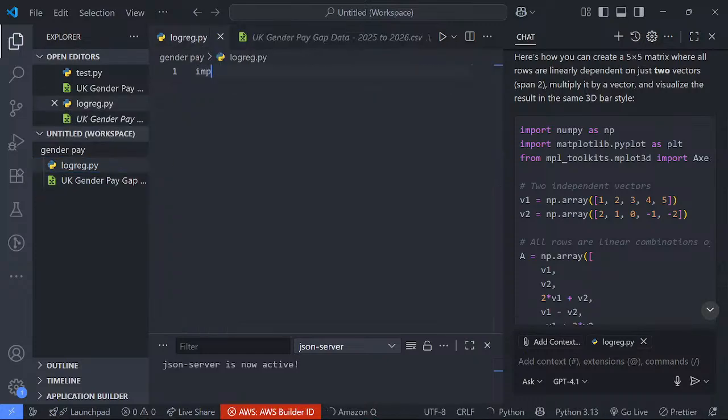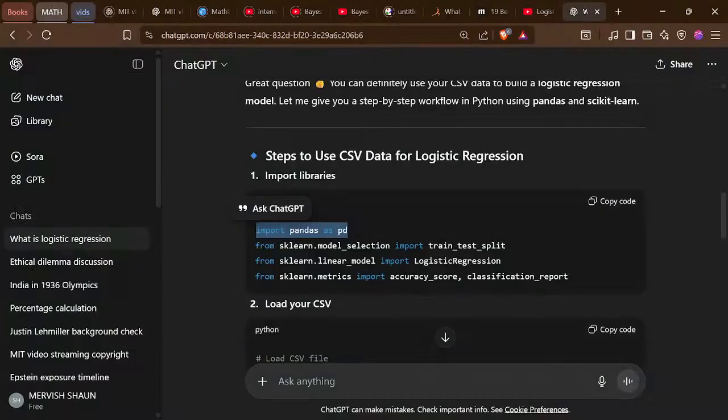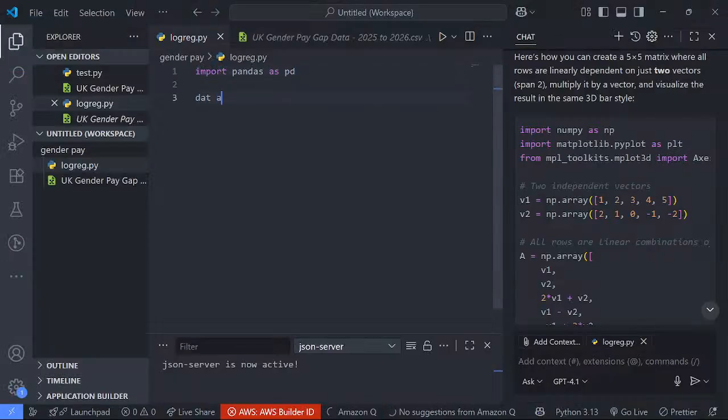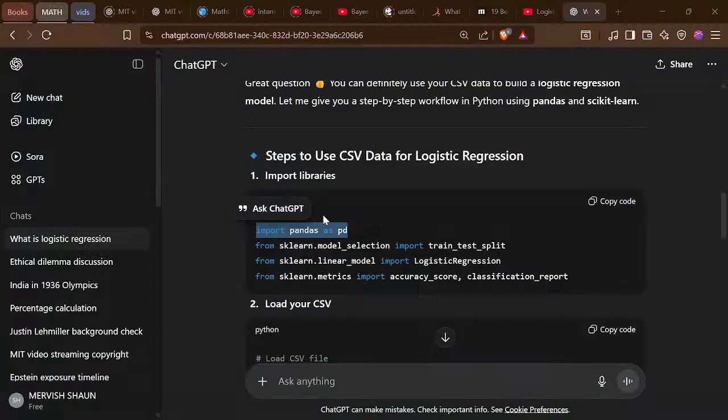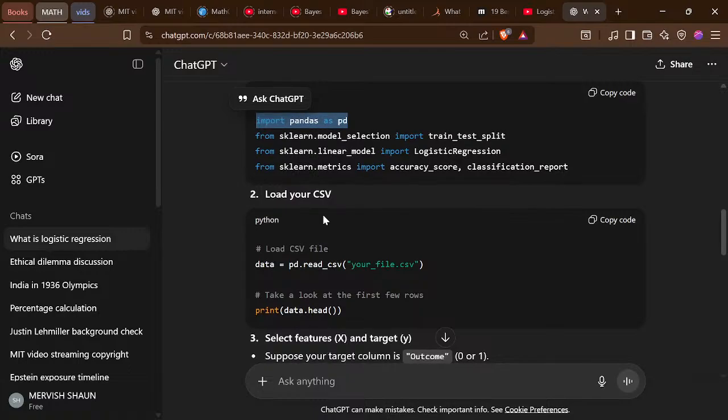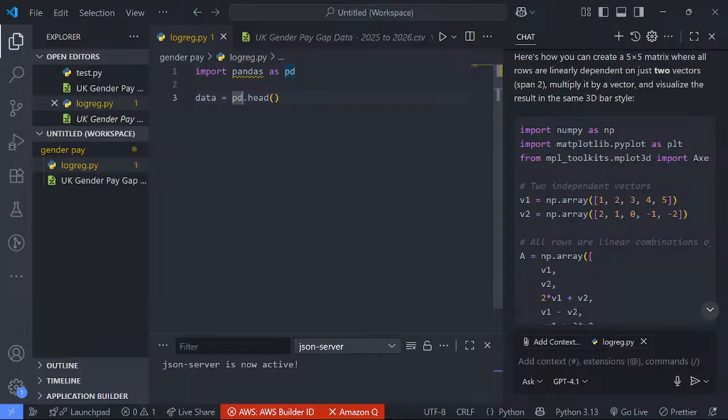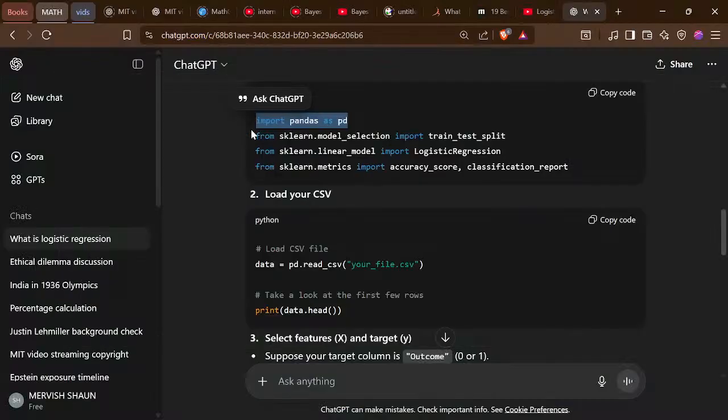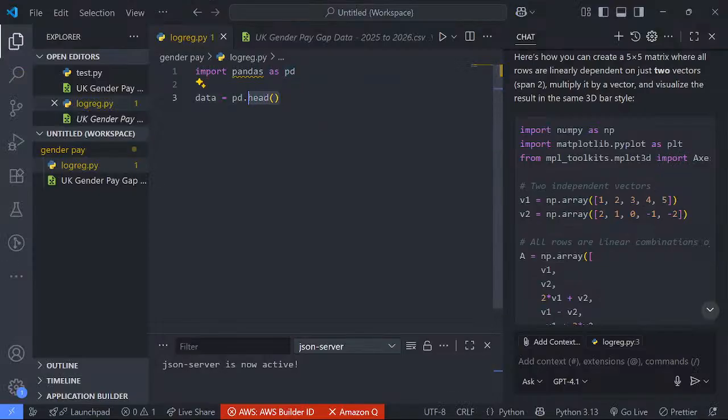So I need to import pandas as pd. Is that how it is? Okay, data is equal to pd dot head. Am I doing this right? Okay, data dot head. Data is equal to read dot csv.